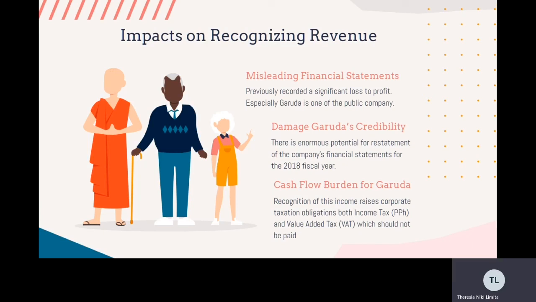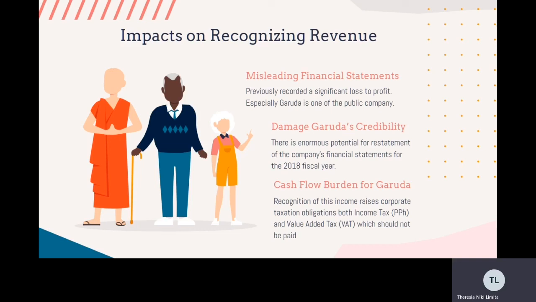The next one, the impacts of recognizing the revenue. First one is a misleading financial statement. As we can see, it can generate profit rather than loss, but actually Garuda itself was accruing loss at that time. And then the next one is damage to Garuda's credibility. Since Garuda is a national airline, this is really affecting the credibility of Garuda.